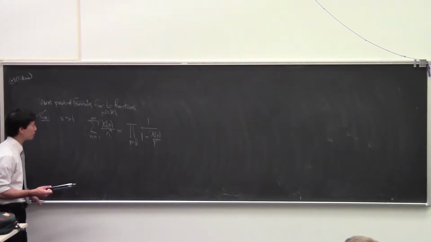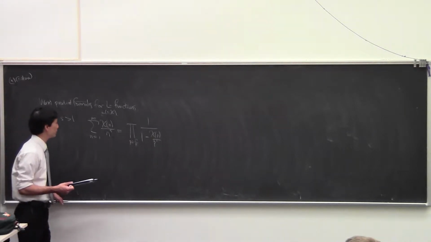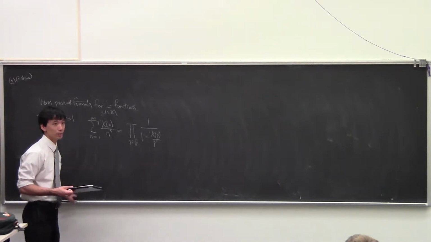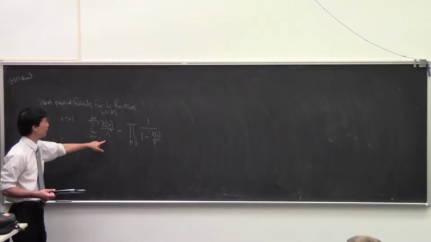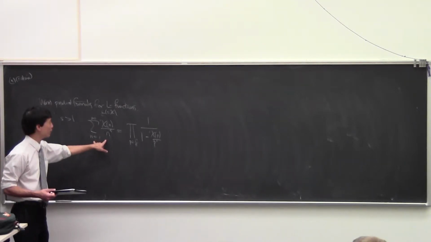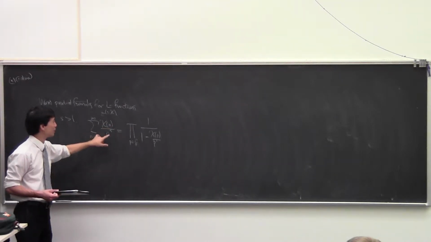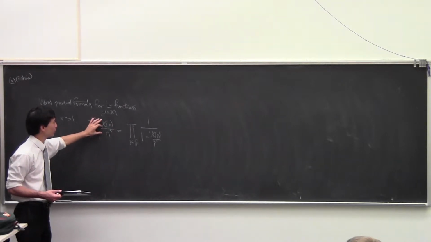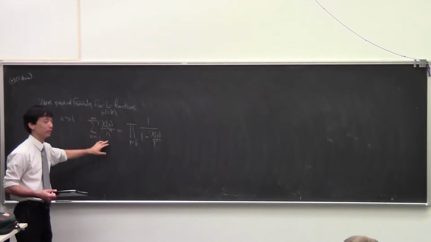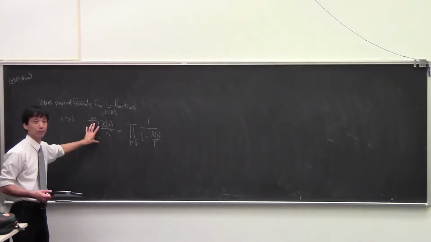So the first thing to notice is that both sides converge. Why does this side converge? Well, the chi's are the Dirichlet characters, so what kind of values do they take? 0 and 1, right? So this is basically controlled by the sum of 1 over n to the s, with s bigger than 1, and so this thing converges.